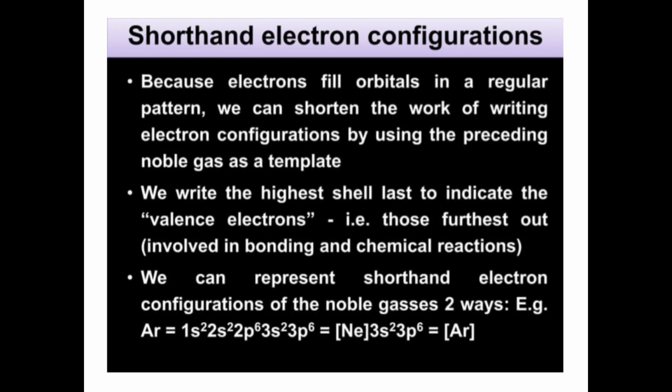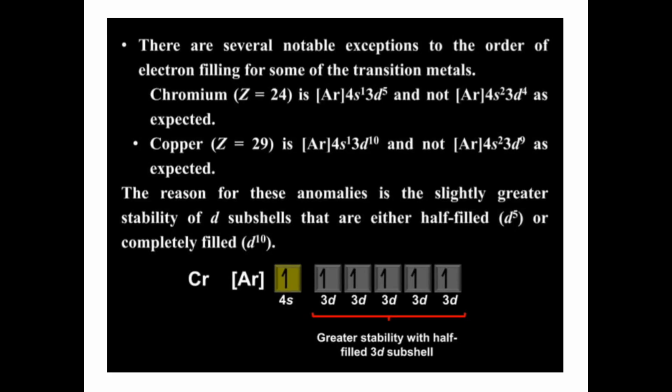For instance, we can even use it for transition elements. When we get to element 21, which are the transition elements, and we want to shorten them, we are going to be using argon, because argon is 18. Chromium has atomic number of 24.